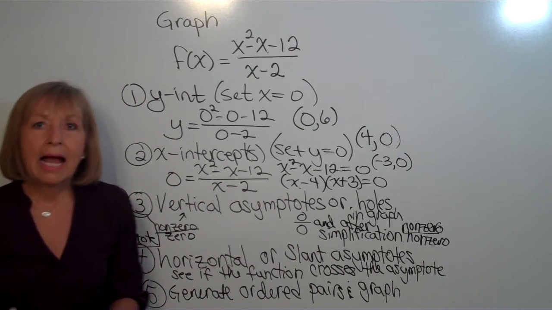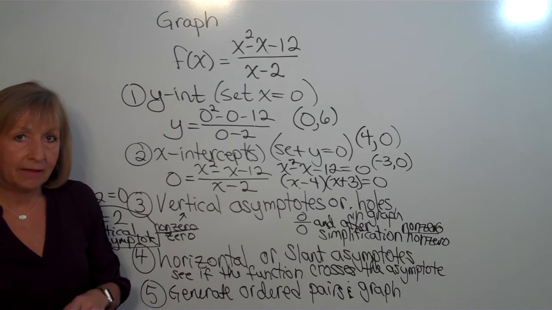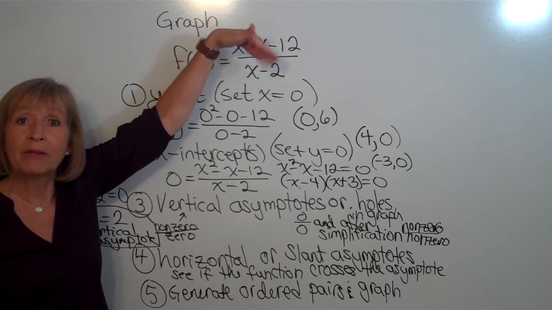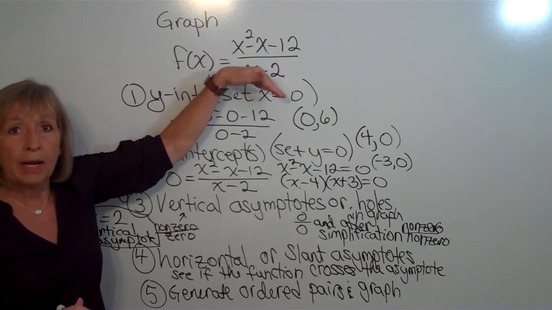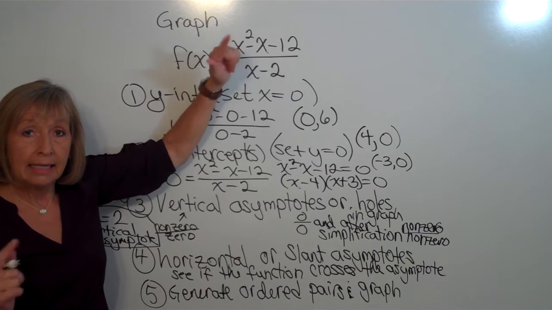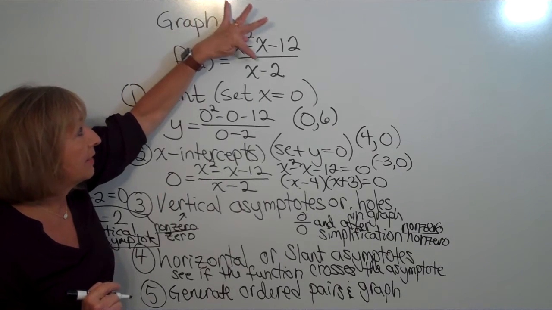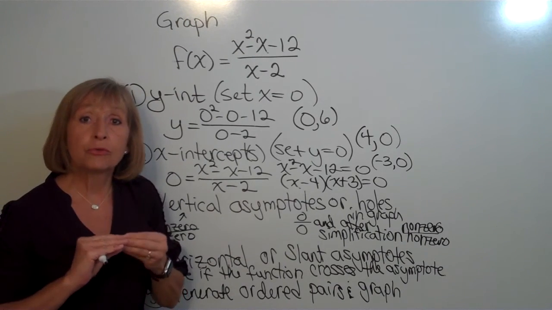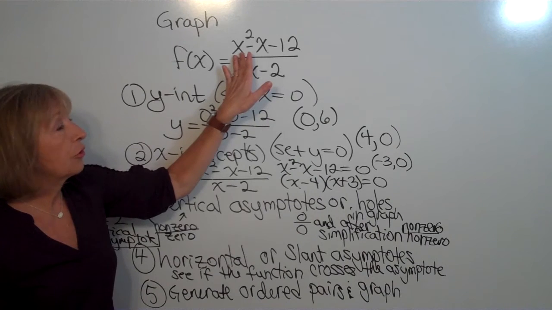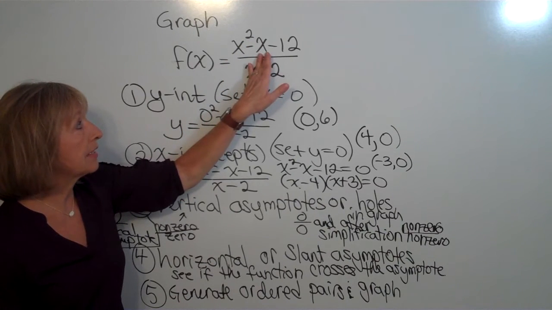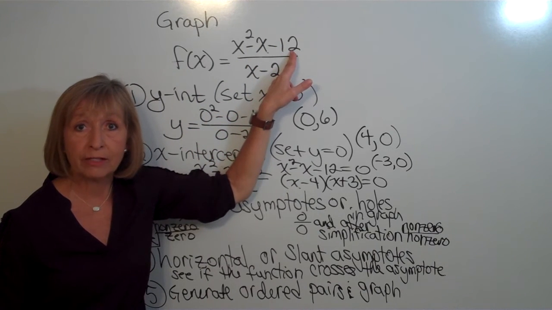And then next, horizontal or slant asymptotes. Now here's the thing. I will have a slant asymptote with my graph if I don't have a common factor pair that removes this down to where I don't have a quotient anymore, and the numerator power is 1 bigger than the denominator power. The degree of the numerator is the same as the highest degree term. So the degree of the first term is 2, the degree of the second term is 1, and the degree of the third term in the numerator is 0 because there's no factor of x there.